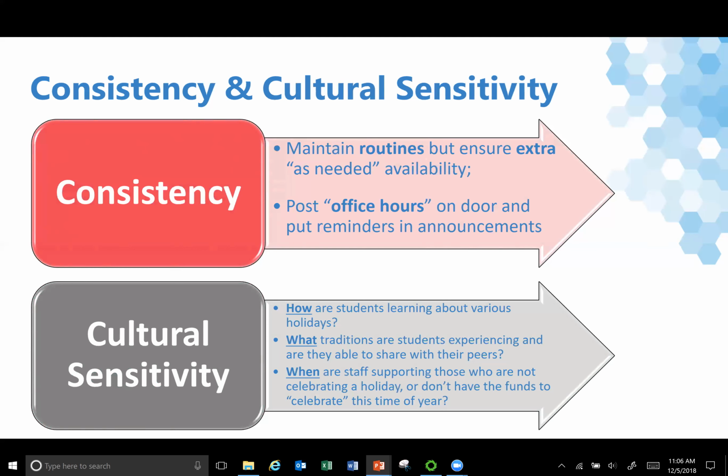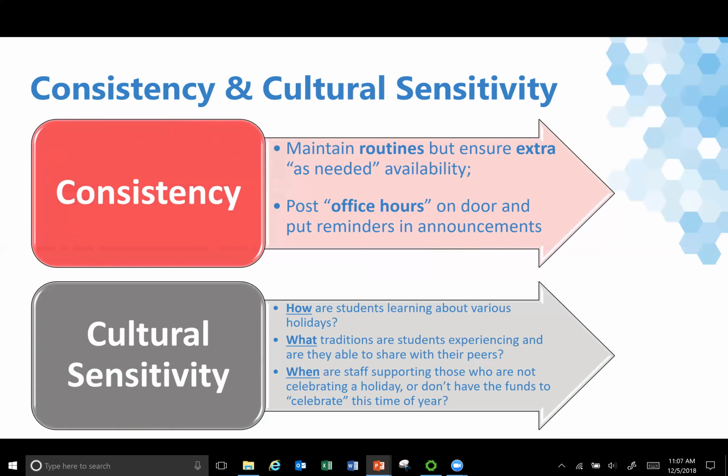Cultural sensitivity, this is a key part of our holiday and winter breaks. Some of our prompts include how are schools, or how are our students learning about various holidays? What traditions are students experiencing, and are they able to share with their peers? And when are staff supporting those who are not celebrating holidays or don't have the funds to celebrate in the same way that other folks might be? And a last note on cultural sensitivity, we also know that there's economic cultural context as well.